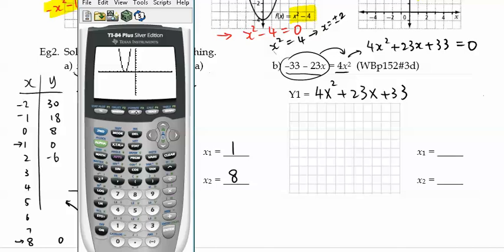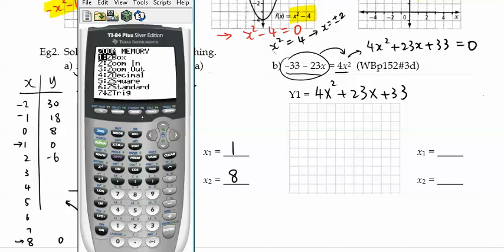I can use the zoom button on my calculator, at the zeros. Here is the graph that you want to look at. You are looking for the x-intercept of your parabola. And I will get my calculator to focus at this region.